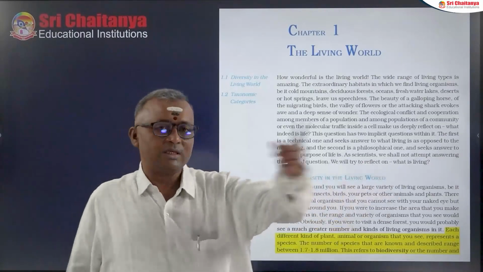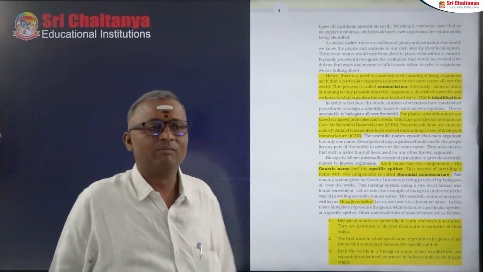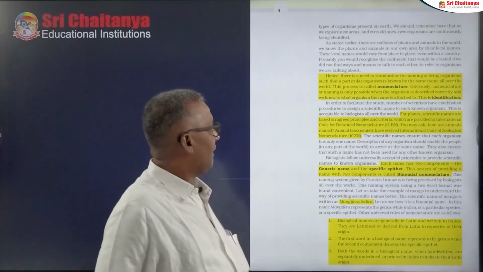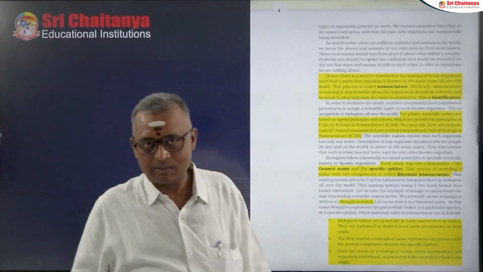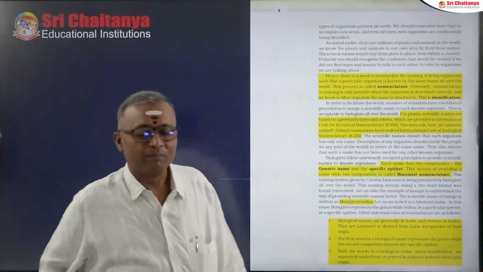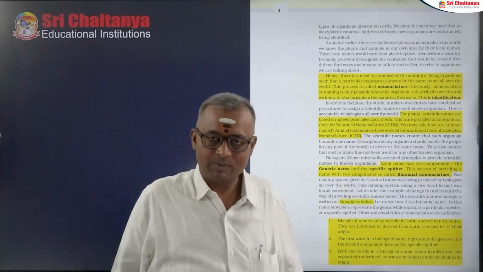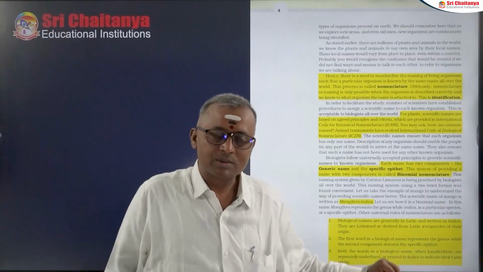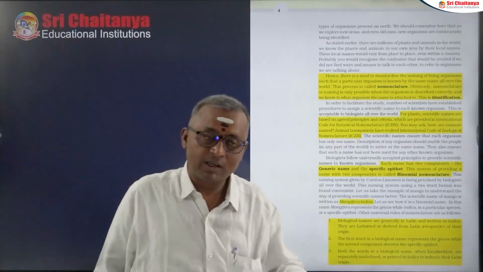All these species present in this world constitute biodiversity. Another most important thing: these plants and animals are known by local names, and you also know that these local names vary from place to place and also vary within a country.